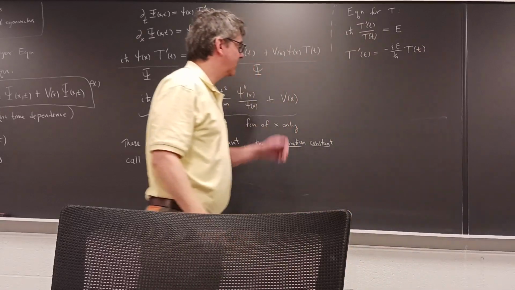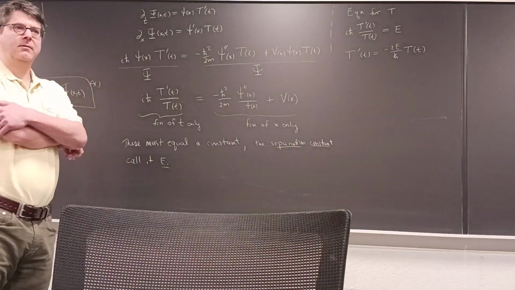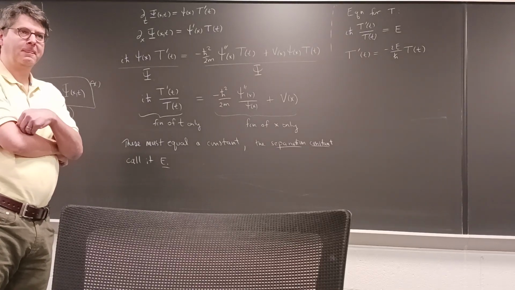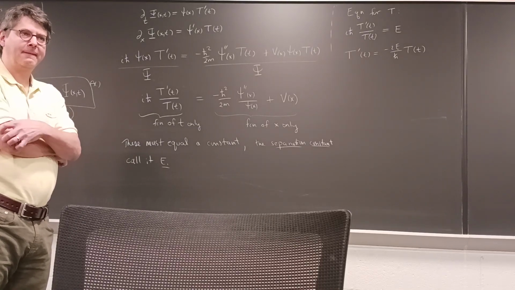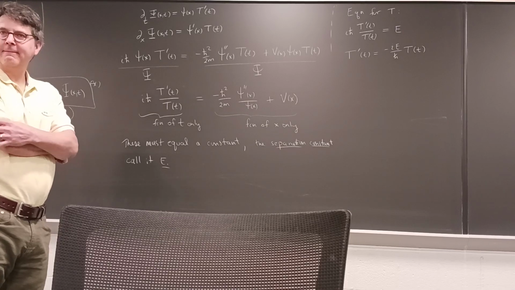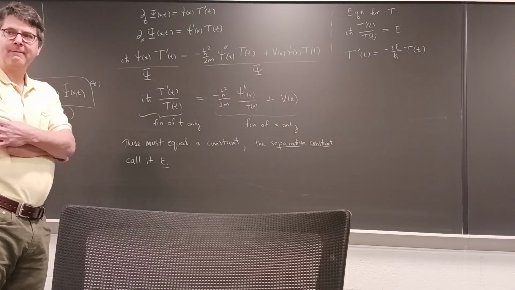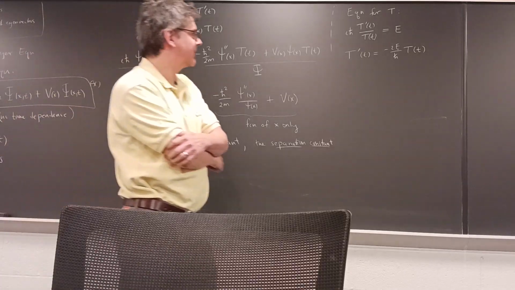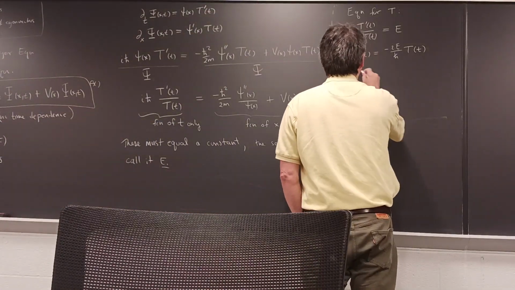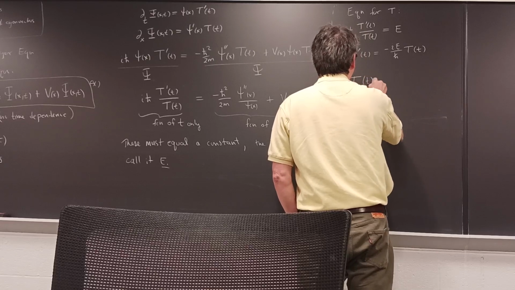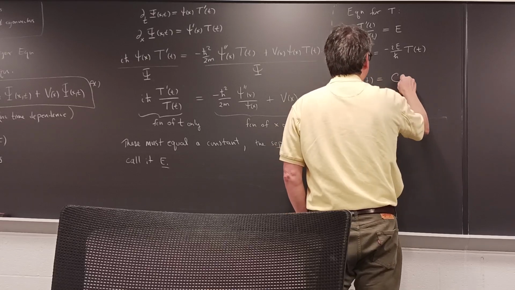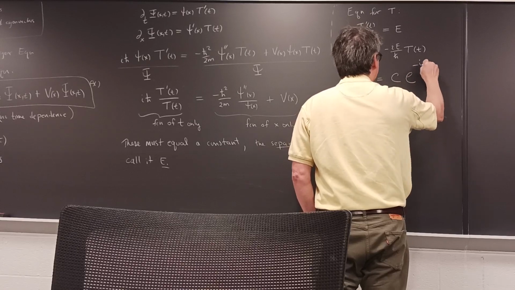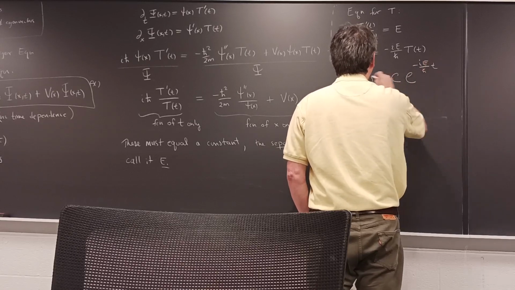So what's the solution to this equation? Oh, it's an exponential. Right, it's an exponential. So T of t is equal to some constant c times e to the minus i E over h bar t.